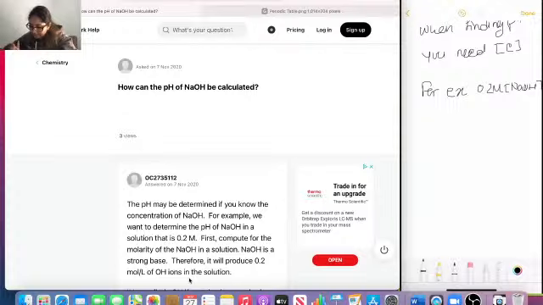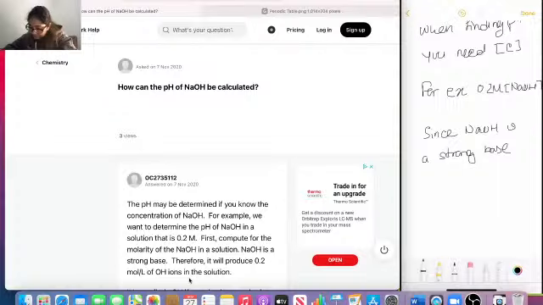Since NaOH is a strong base, it means it will dissolve in water very quickly and completely.